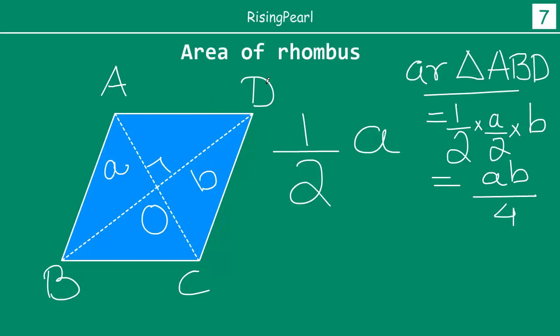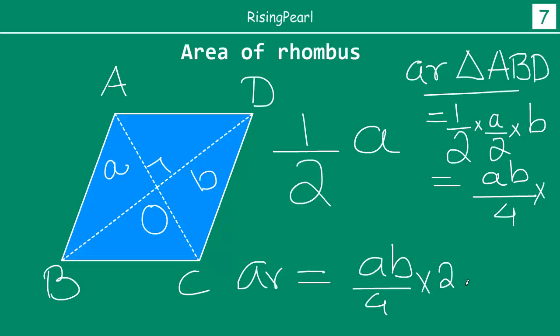Now we can prove that ABD is congruent with CBD. So the area of the entire rhombus will be this times 2. So the required area will be a b by 4 times 2, or it will be a b by 2. So let us just separate this out.